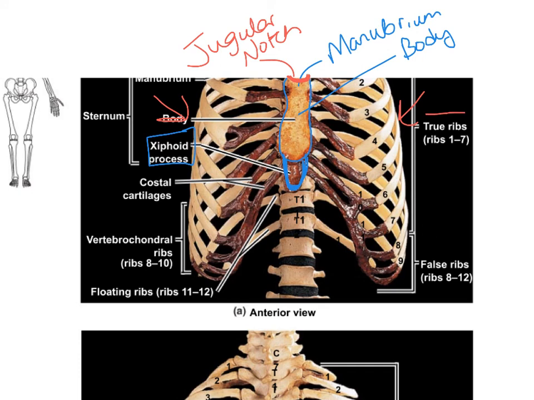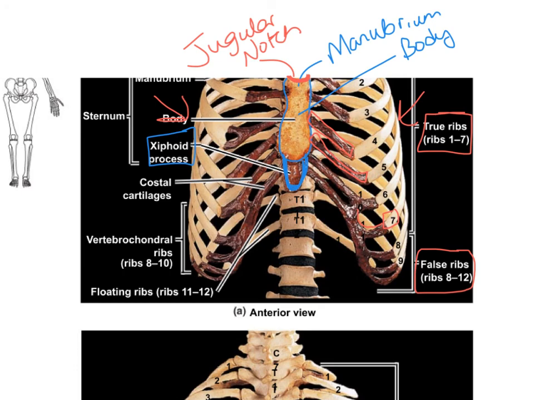The first 7 of those ribs are called true ribs because they attach to a cartilage that attaches directly to the sternum. The last 5 ribs are called false ribs because if they do connect to the sternum, their cartilage connects into the cartilage of the 7th rib. So we call those false.